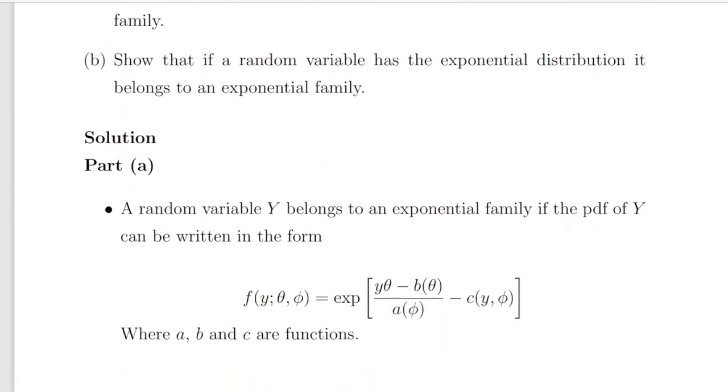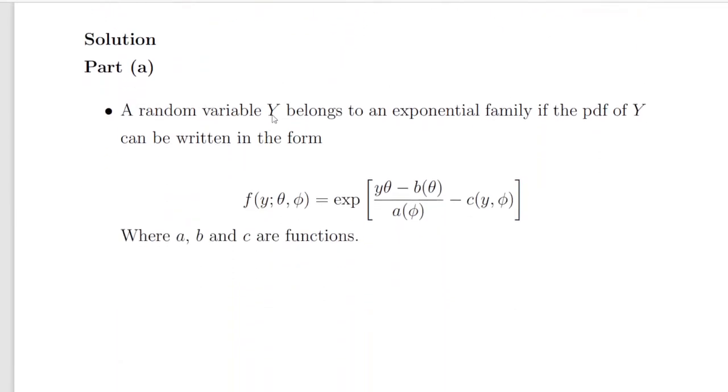So part A, a random variable y belongs to an exponential family if the probability density function of y can be written in the following form. So here we have f of y, and there's two other parameters here, theta and phi.